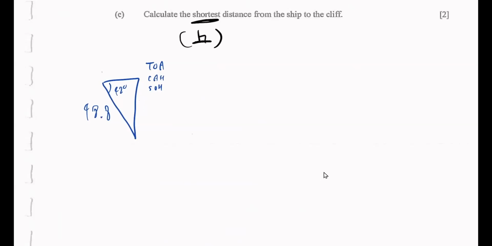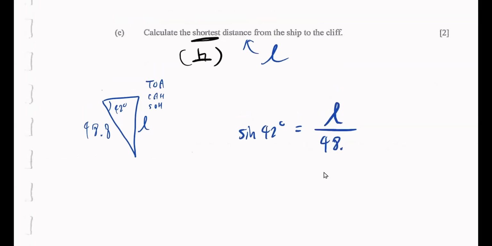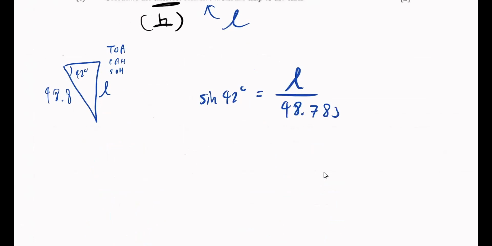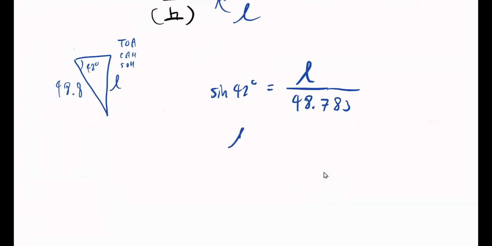Yes, you just need to figure out this. Let's just call this L, L for length. So you just need to take the sine of 42 degrees. It will be opposite L over hypotenuse 48.8. Or maybe let's just use the more accurate version, 48.783 from the previous part. Then just solve for L. Can you see that it's just multiplying the 48.783 over?